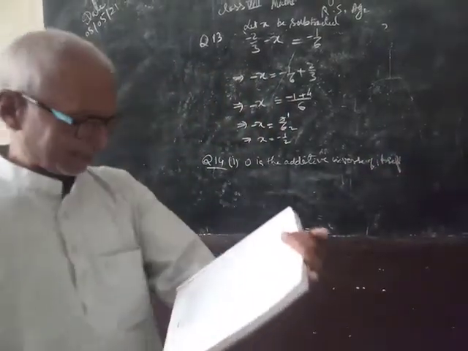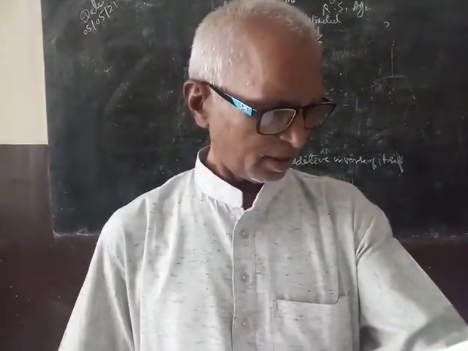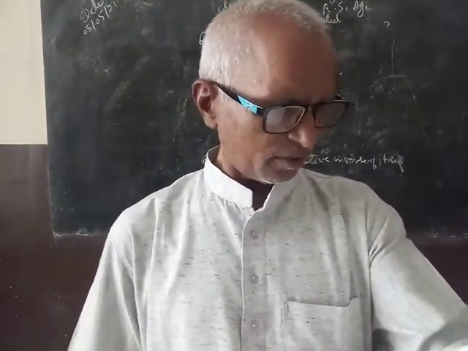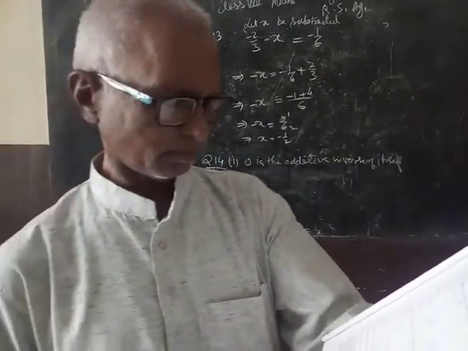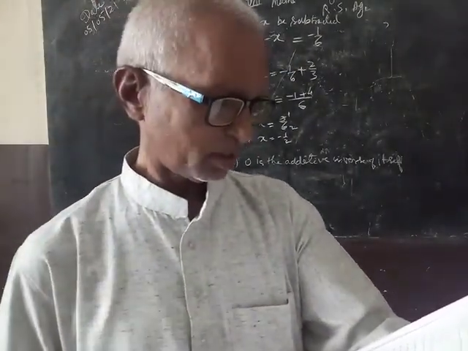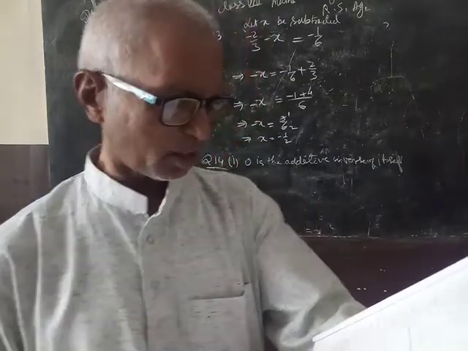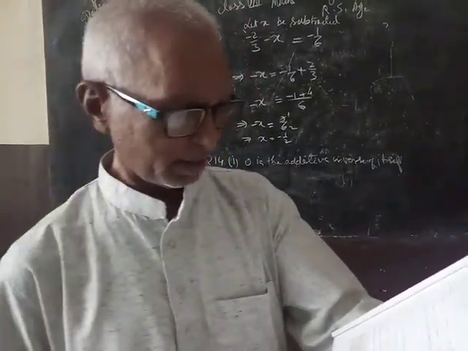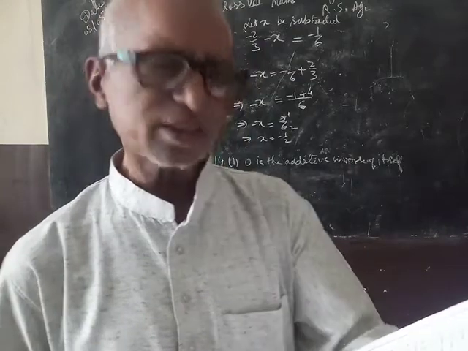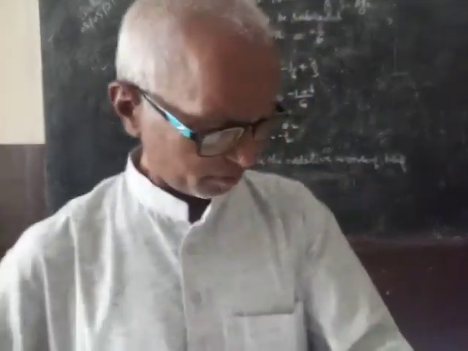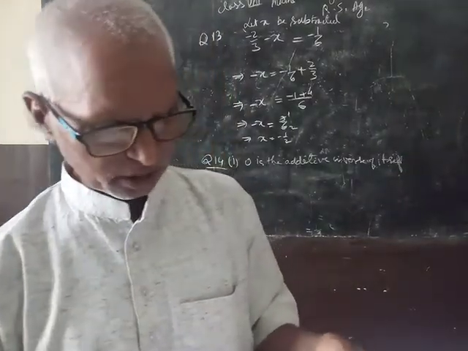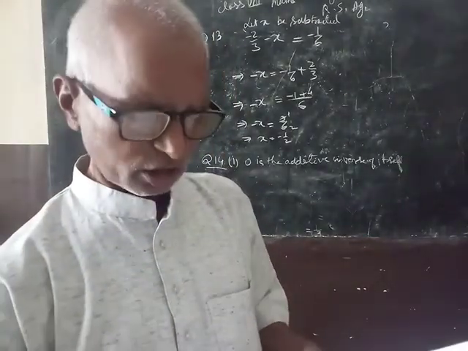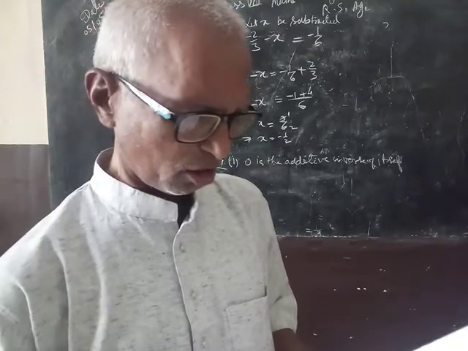Second part: is the difference of two rational numbers a rational number? Yes. The difference of two rational numbers is always a rational number, because 0 is also a rational number, so it is always true.